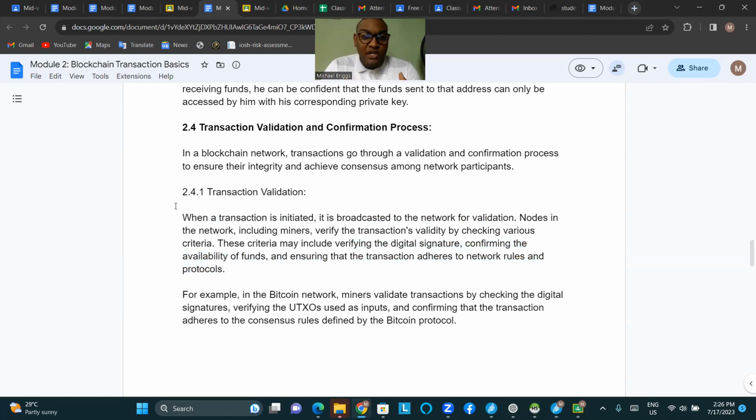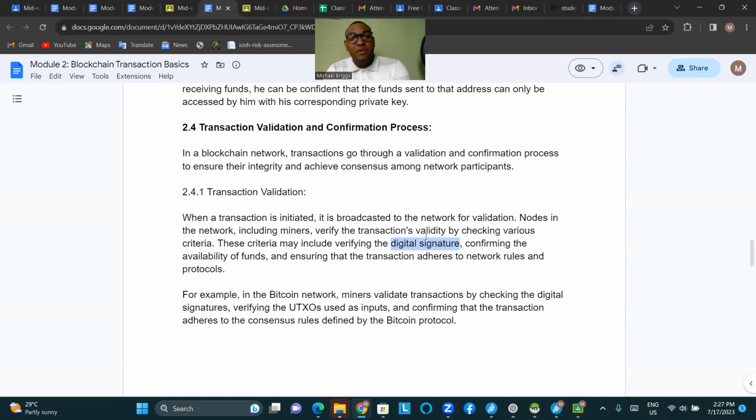All right. Now, the UTXOs are verified to determine if you have enough funds to send money. Also, the digital signature of that transaction is checked. And when we talk about the digital signature, as we mentioned earlier, we're talking about identifying the source of this transaction. And the destination of the transaction.